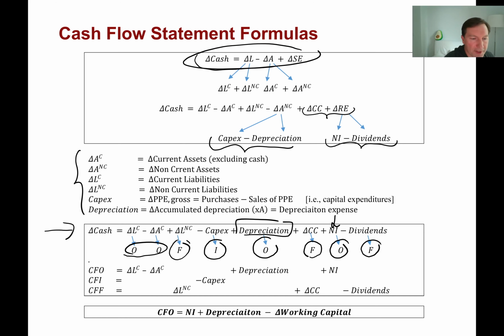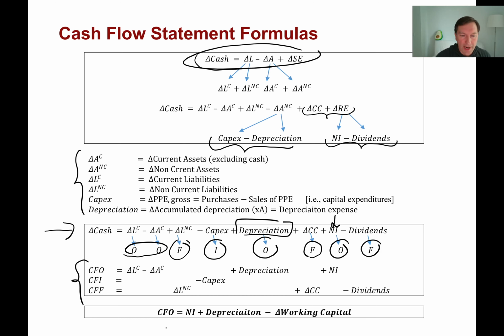Okay, so what we have here is cash flow from operating activities equal to changes in current assets and current liabilities plus depreciation plus net income, right? Then we have investing cash flow, which is the amount of money you spend on capital expenditures, and then you have financing cash flow as well.